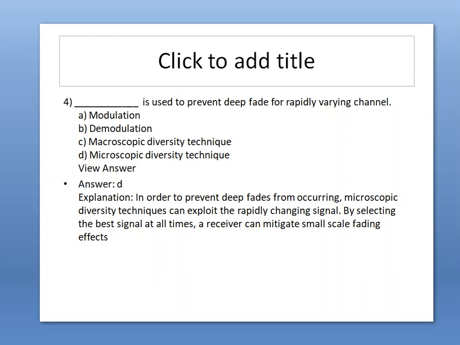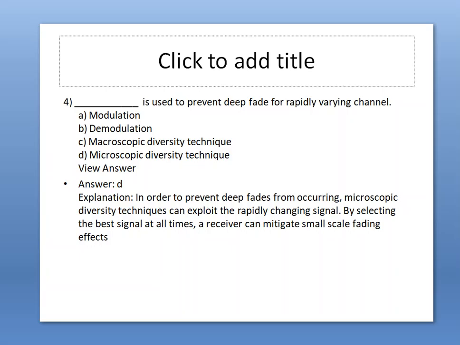In order to prevent deep fades from occurring, microscopic diversity techniques can exploit the rapid changes of the signal by selecting the best signal at all times. A receiver can mitigate small scale fading effects. So microscopic diversity techniques are used to prevent deep fades for rapidly varying channels. So that's why the answer is microscopic.